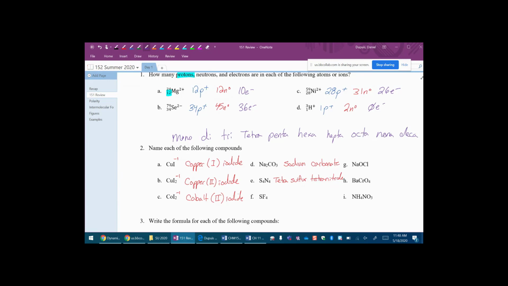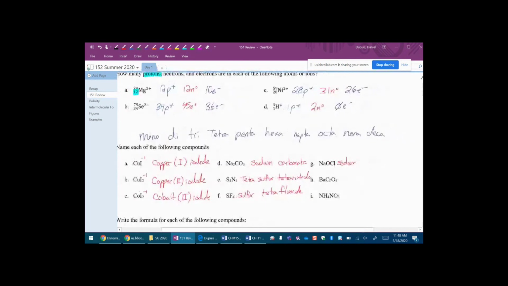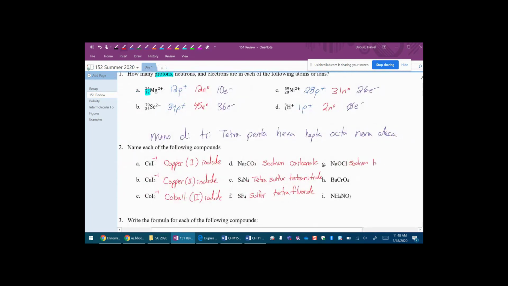F, sulfur and fluorine. Well, that would be sulfur. We drop the mono for the first, right? Because if I say sulfur, there's 1. Sulfur 4 tetra fluoride. NaOCl. Well, that's a metal and a polyatomic ion. Sodium hypochlorite.